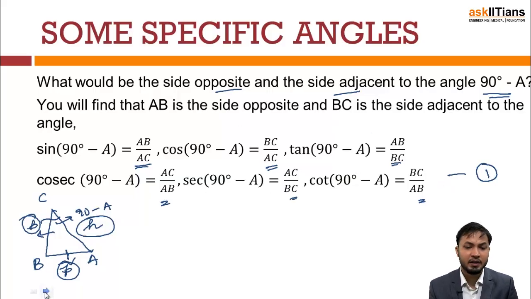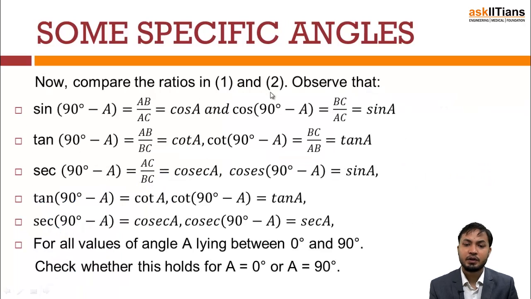Now, if I compare this one with all the trigonometric ratios that we have already defined, you can see that my sine 90 minus A is actually equal to my cos of A, right?